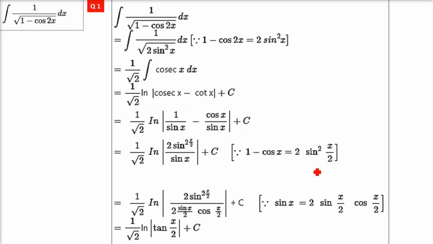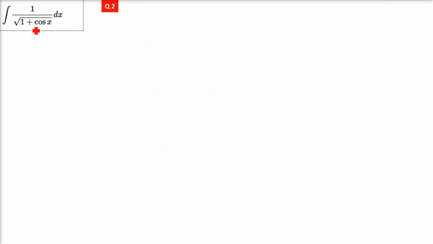So we always tend to discuss all the formulas which we are using or which we should use. Same thing here, 1 plus cos x. What is 1 plus cos x? It's the integration of 1 by under root 1 plus cos x, as we have just discussed. I'm writing it directly.